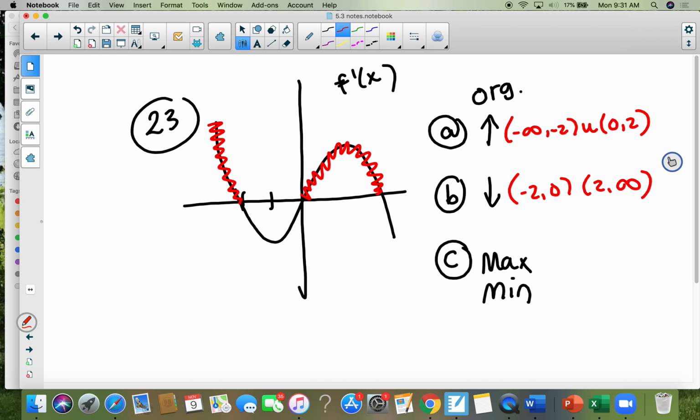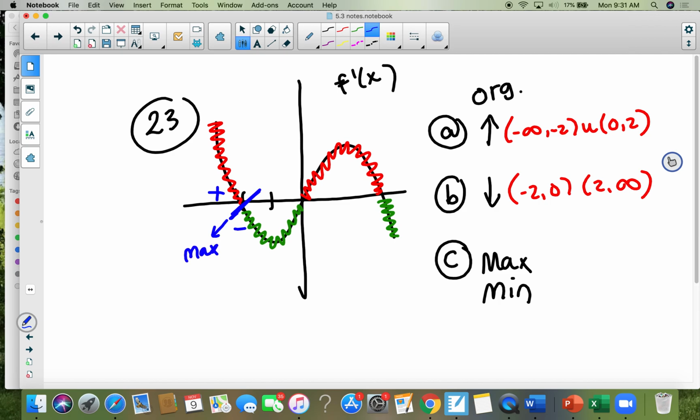Okay, I'm going to make this a different color. This is where it decreases because it's below the x-axis. Now comes the next part, the blue. Notice it went from a positive to a negative. If you go from a positive to a negative, you must have a max.